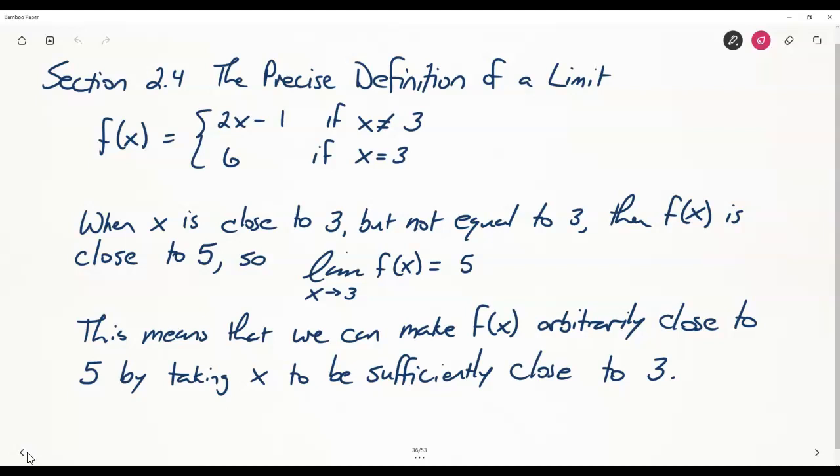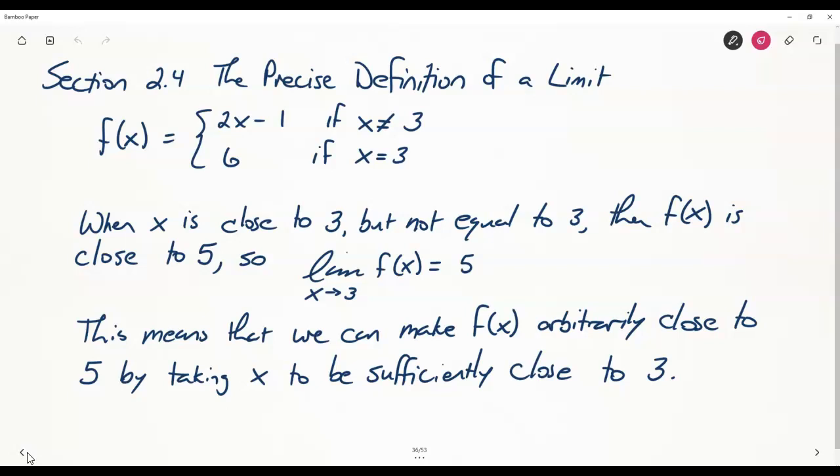Because I'm on that top piece of the graph, as far as this limit is concerned, that is the only piece of the graph that exists. And I could use direct substitution there and plug 3 in for x and get 2 times 3 minus 1. That's why I got this equal to 5.